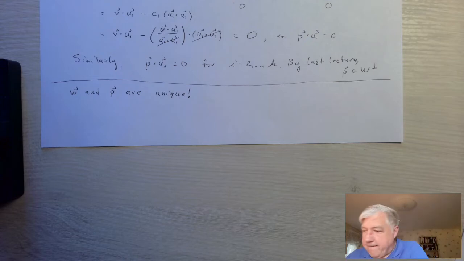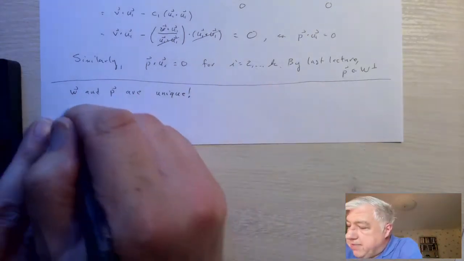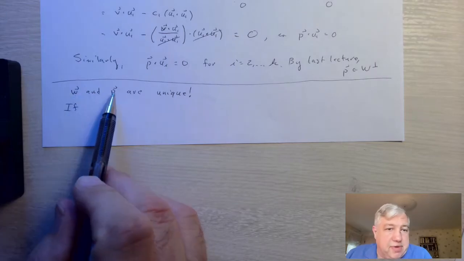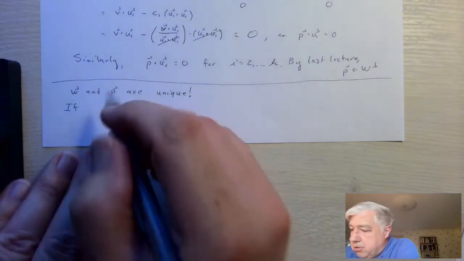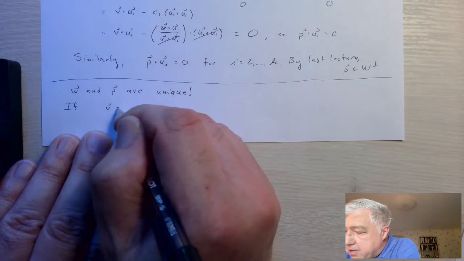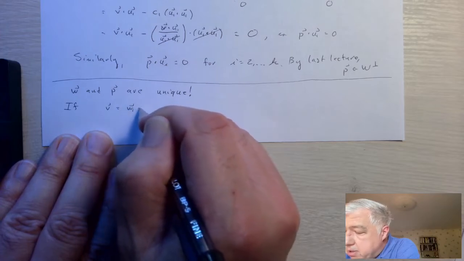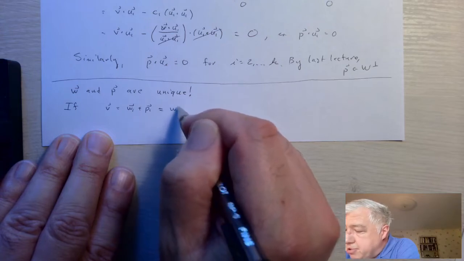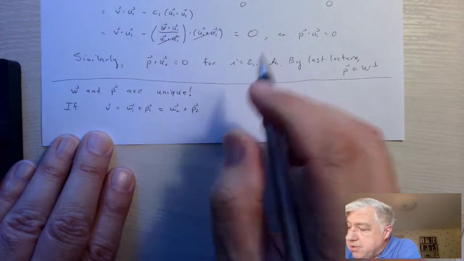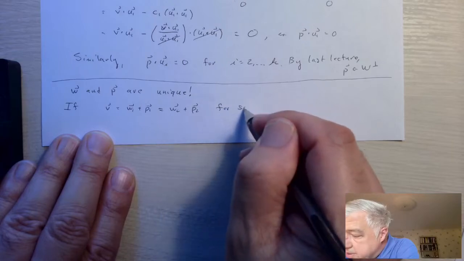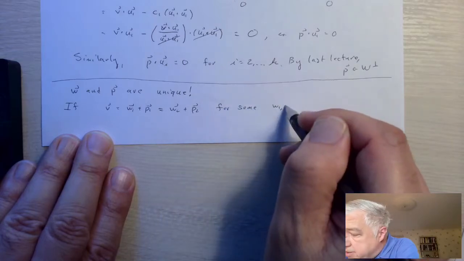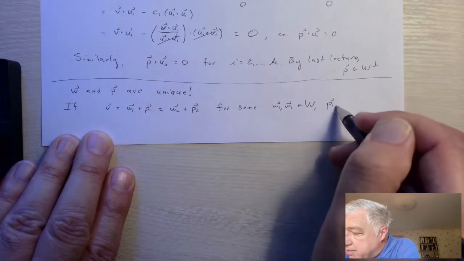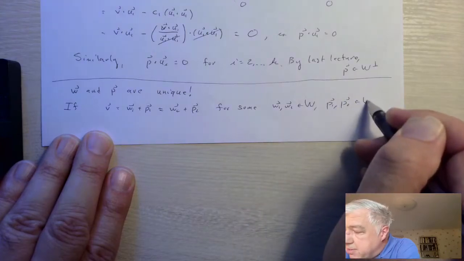Well, let's say we have two possible values of W and two values of P that work. So let's say that V is equal to W1 plus P1, and it's also equal to W2 plus P2, for some W1, W2 in W, and P1, P2 in W perp.